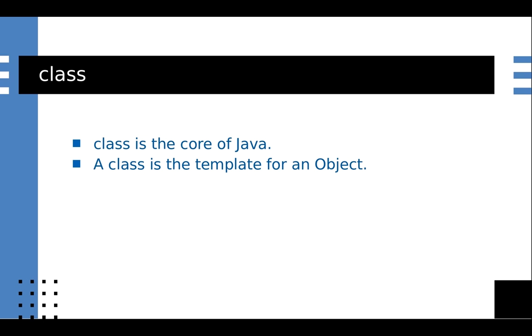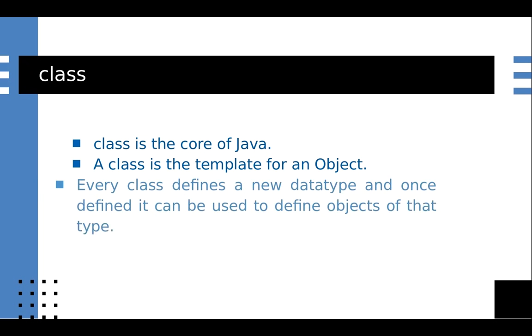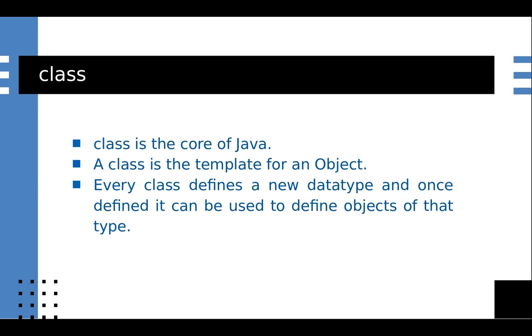So that is why the nature of the object depends on the class, and that is why it is known as a template for an object. Here, every class defines a new data type, and once defined, it can be used to define objects of that particular type. So each and every class is like a data type, and each and every object is like a variable of that particular type.